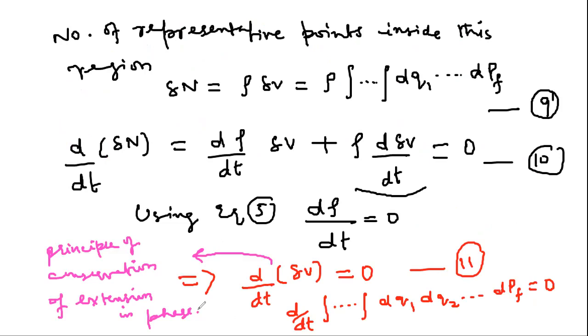It says that if I consider some volume element in the phase space, with boundaries formed by the points in the region, then this volume will stay conserved in time. Its shape may distort with time, but its volume is not going to change. So we have completed Liouville's theorem.